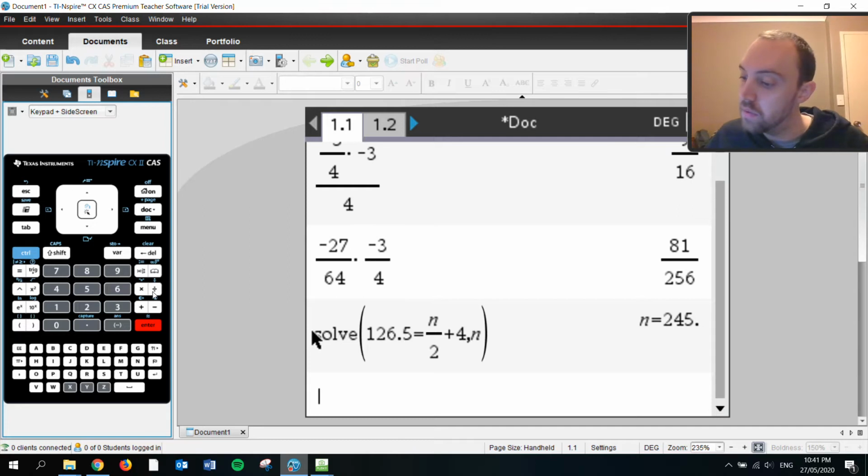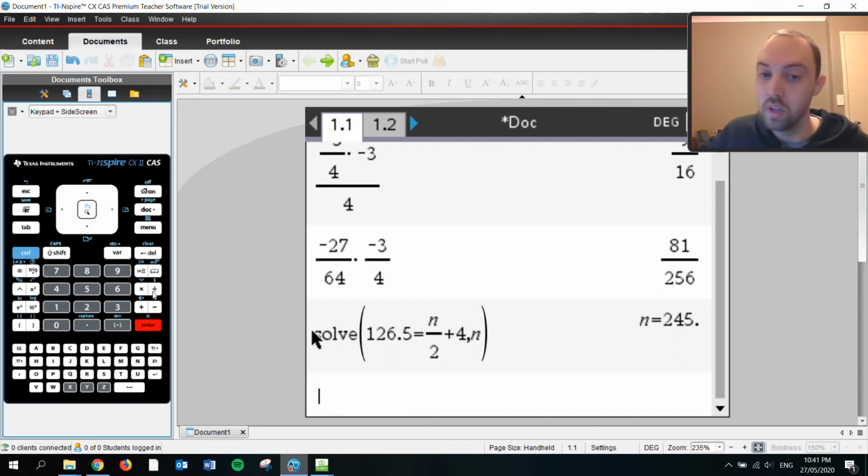Next part, we've got express Tn plus 1 in terms of Tn. So now we want the recursive rule. We want Tn plus 1 on the left-hand side, and then something to do with Tn here. Well, let's think about T1 first. What's happening at T1 is n becomes 1.